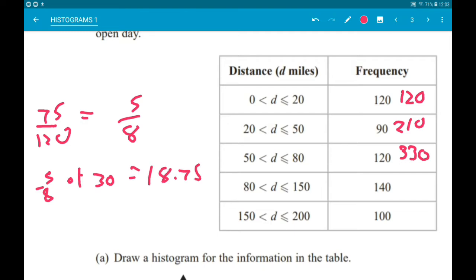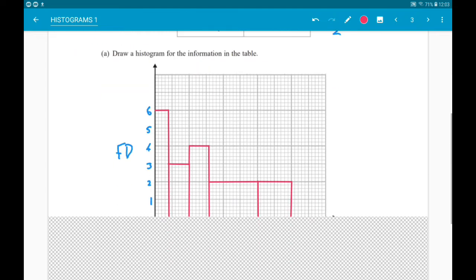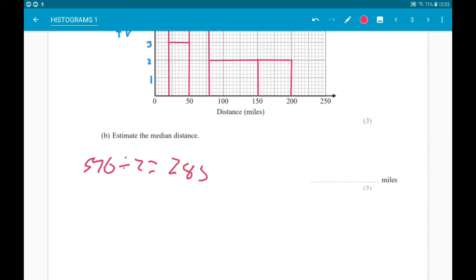So our median distance then is going to be 50 add 18.75, which gives us 68.75.